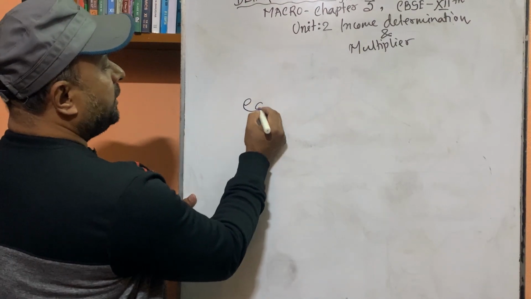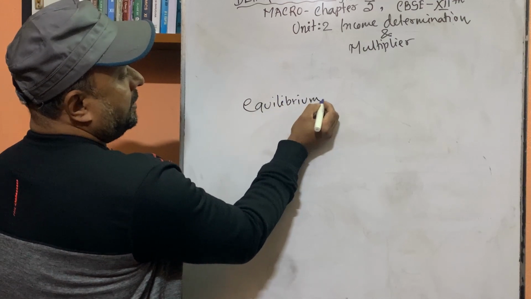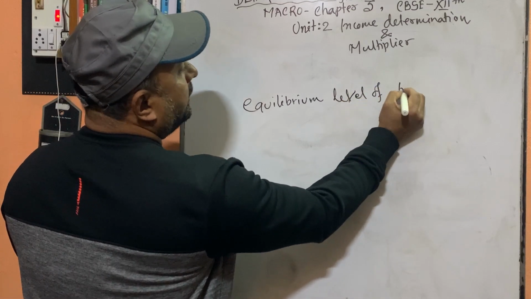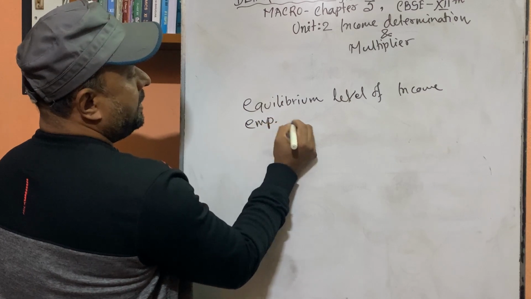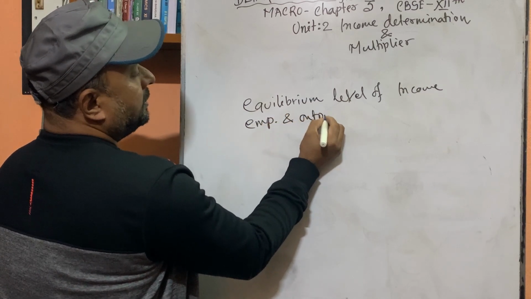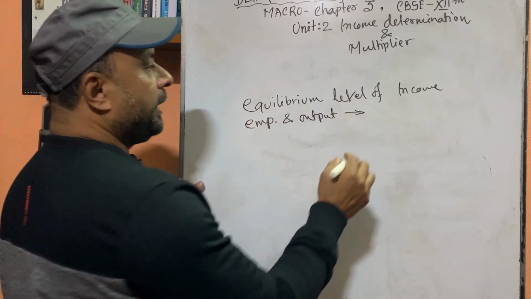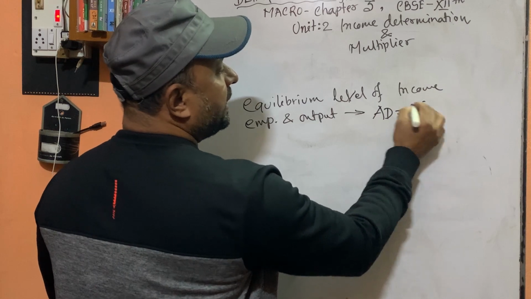Now, the equilibrium level of income, employment and output is determined at that level of the economy where the country's aggregate demand and aggregate supply are equal.